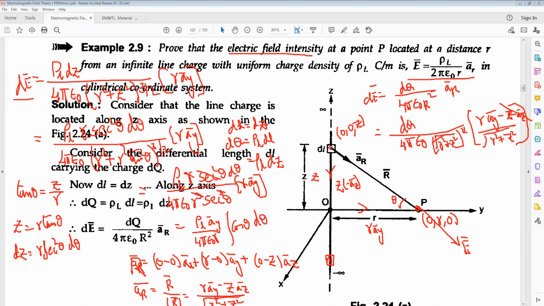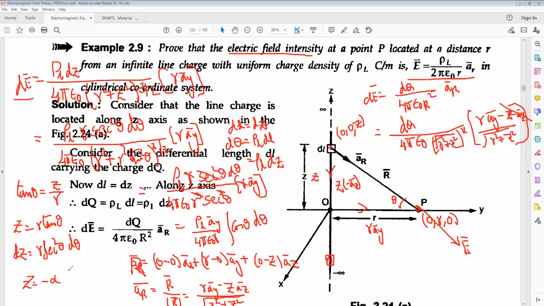The theta value varies, because previously z ran from minus infinity to infinity along the z-axis.